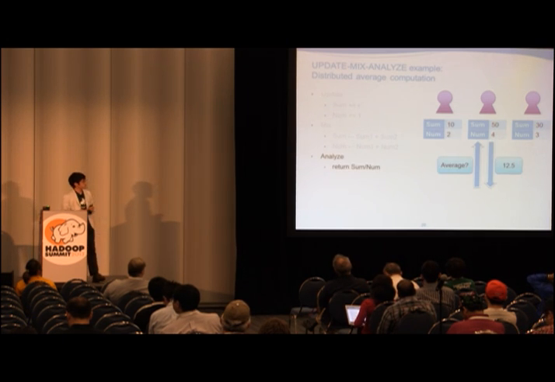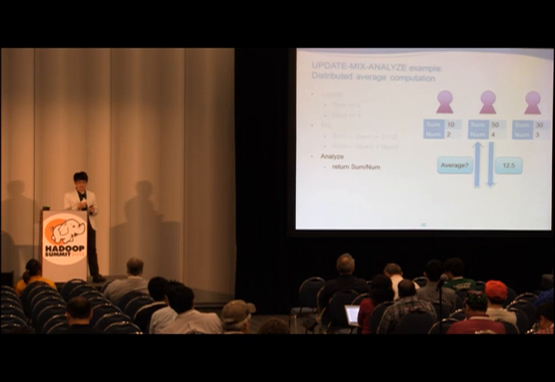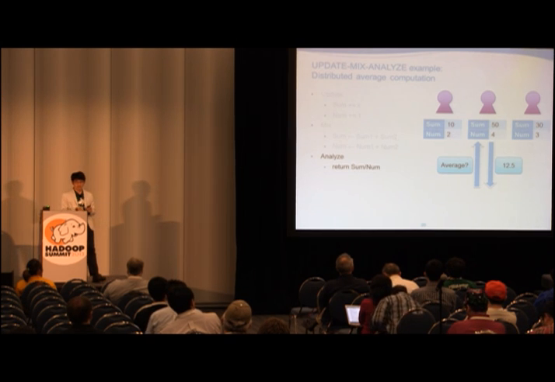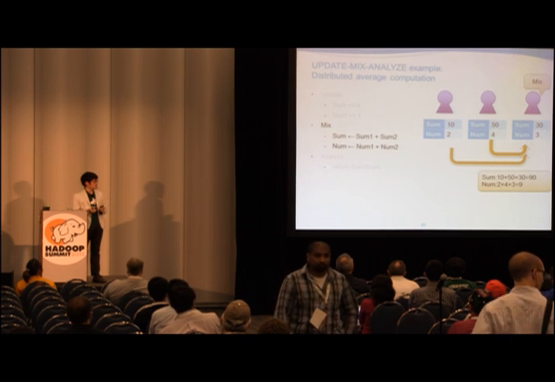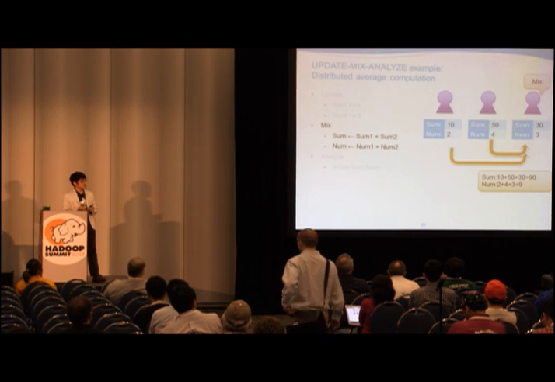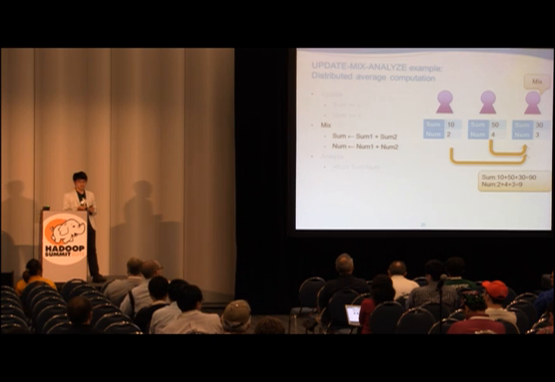And after that, we will have different local models on each server. At this time, the analyze operation will result in different outcomes based on the choice of the server. However, we can run the mix operation at some point. In this case, the rightmost server is the parent of the mix operation.